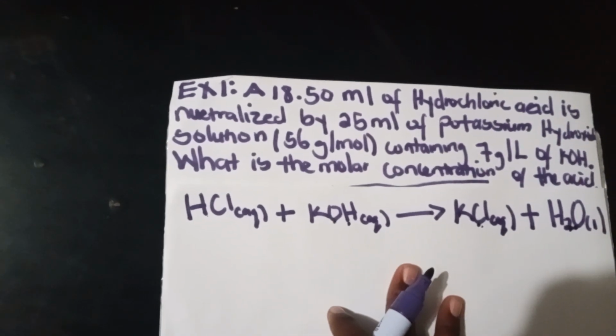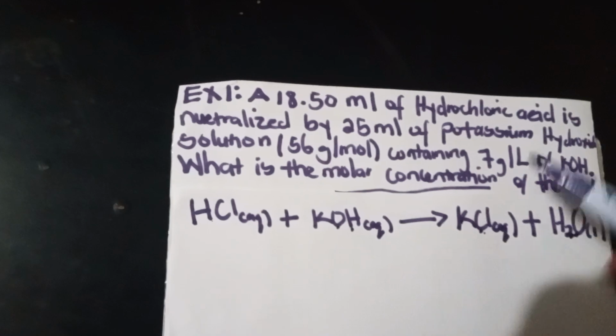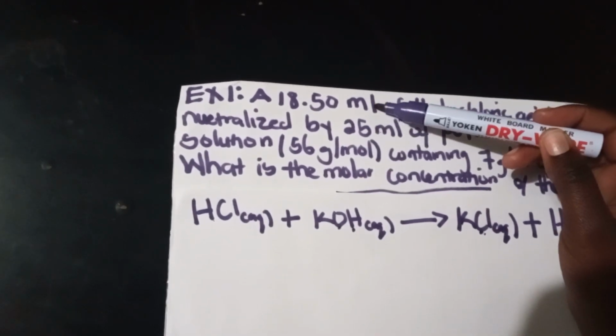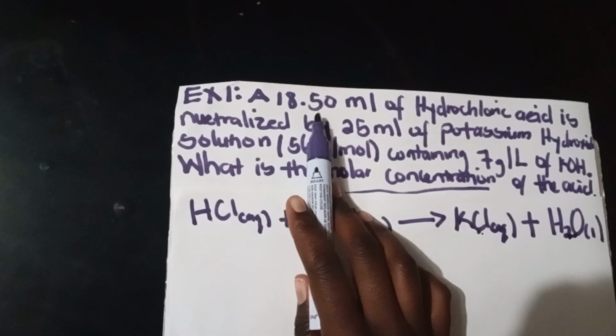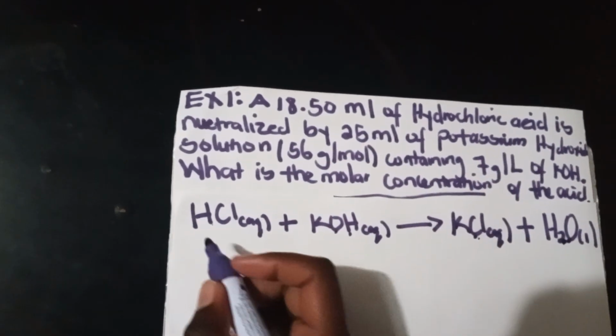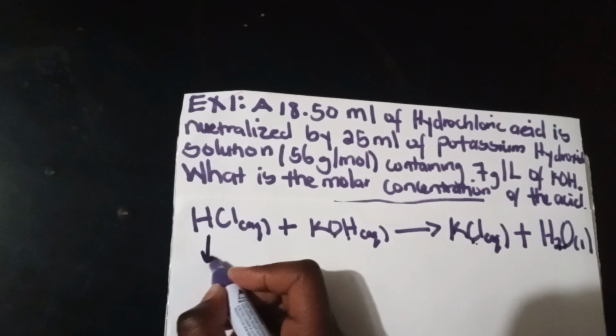So the next thing we have to do is allocate the volumes to the specific compounds. We know that 18.50 ml is of hydrochloric acid, so we just write it down here.